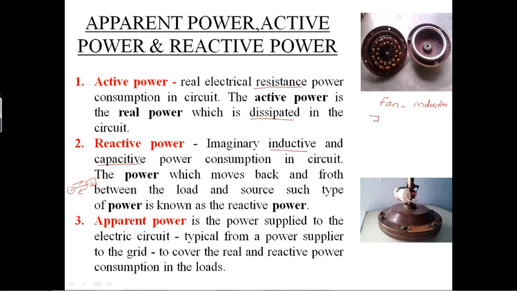The fan is made up of windings, a starting winding and a main winding, and that winding consists of an inductive part and a resistive part. This is actually a single phase induction motor. In a fan we are using a single phase induction motor.